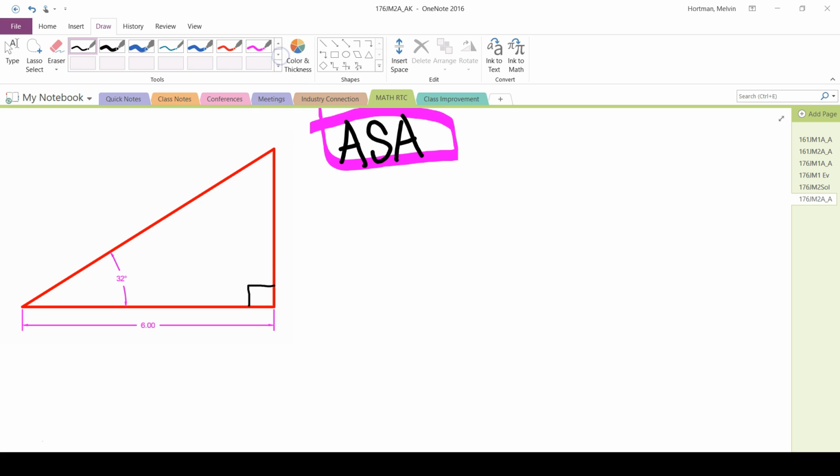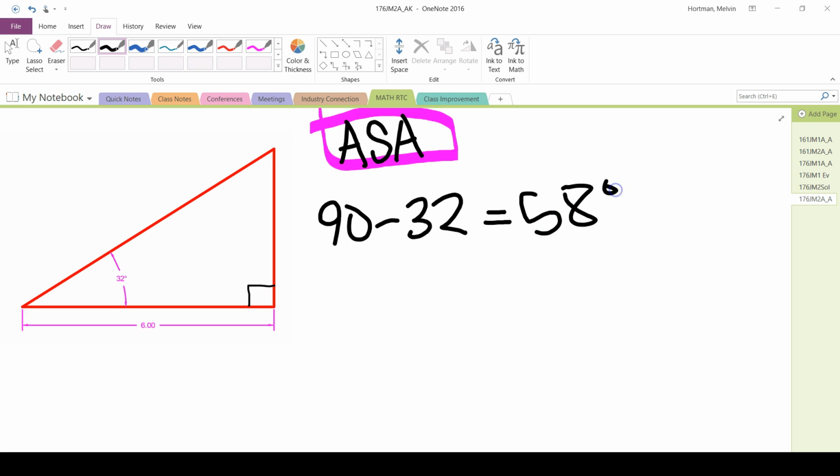What is that other angle? Well, it's 90 degrees minus the angle that we have, which is 32. This is going to be equal to 58 degrees.